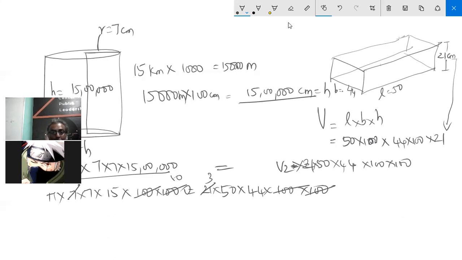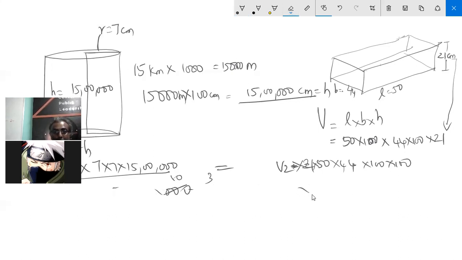So what you have to find out now? No, you should not equate volume to volume. Sorry. What he's asking is, find the time in which the level of water in the tank will rise by 21 centimeter. So you are supposed to find the time.